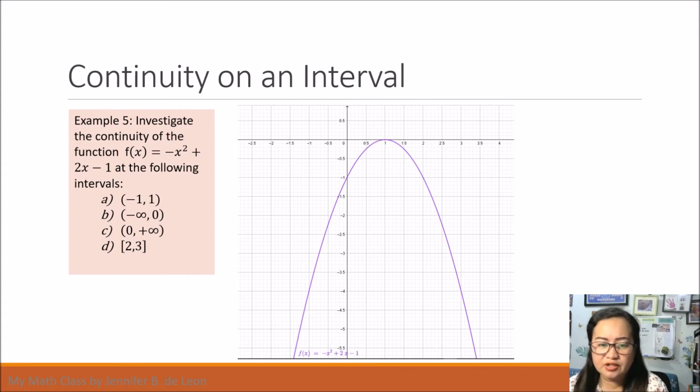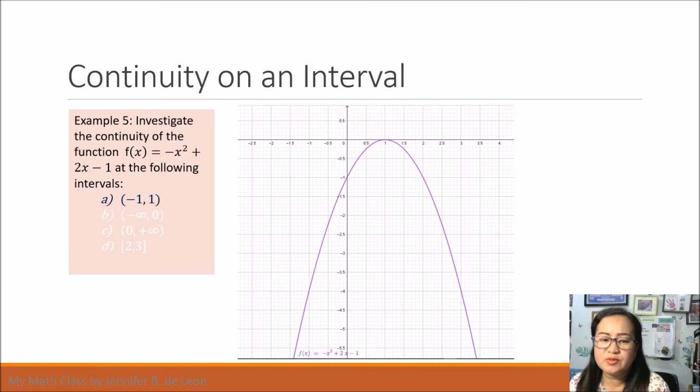We have a, from negative 1 to 1, b, from negative infinity to 0, c, from 0 to positive infinity, and d, the closed interval from 2 to 3.